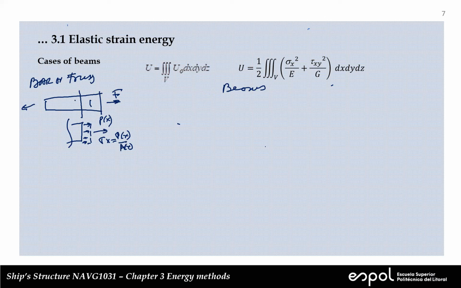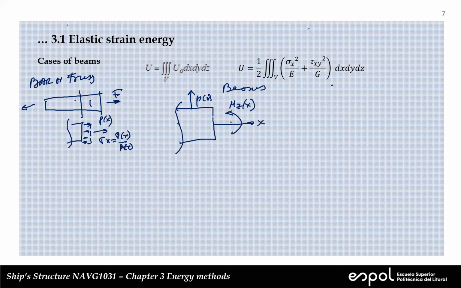So in this case, to evaluate sigma, we remember we have a beam like this one here. The loading is like this one, okay? And in this case, we're going to have this bending moment. This is the x-axis.